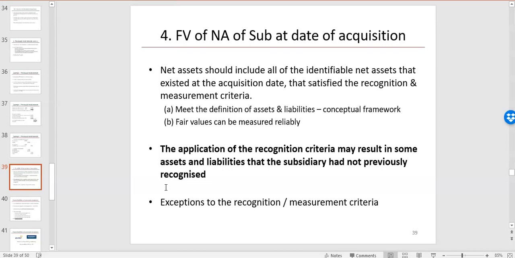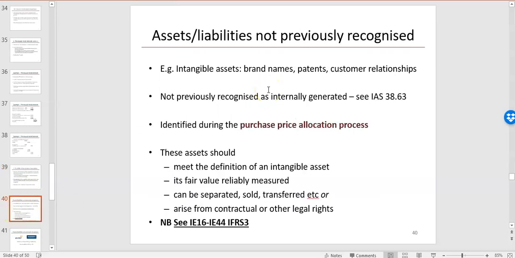It's probably best to look at examples here because this can be confusing to students at the outset. So take, for example, assets and liabilities that were not previously recognized. One of the key rules in IAS 38, which you would have covered in your undergrad, is you cannot recognize internally generated intangible assets. So if you generated brands or customer relationships internally, you cannot recognize them because we can't quantify them. There's no figure to put on it.